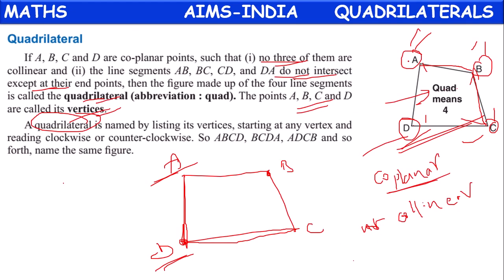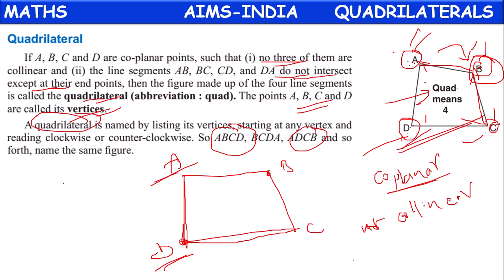So we can start from any vertex. If you start from A in clockwise direction, we can name it as ABCD. Or if we start from A in anti-clockwise direction, we can name it as ADCB. There is no compulsion that we have to start from A. We can start from B, then BCDA or BADC.